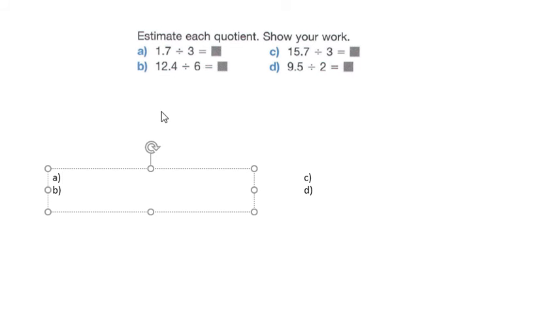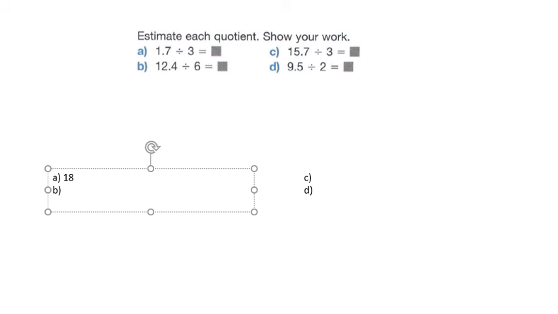And I said a number there that, while it's not close to this number, the digits are in the right order for us. So I could look at this 1.7 as 1 and 7 tenths, or I could look at this number as 17 tenths. If I look at this number as 17 tenths, I could round to 18 tenths.